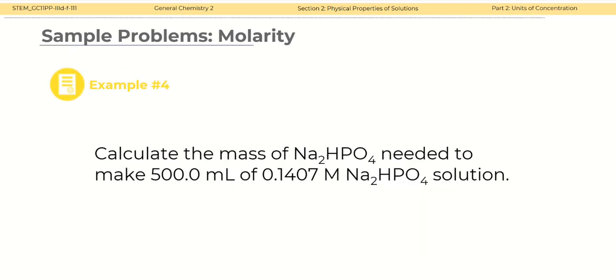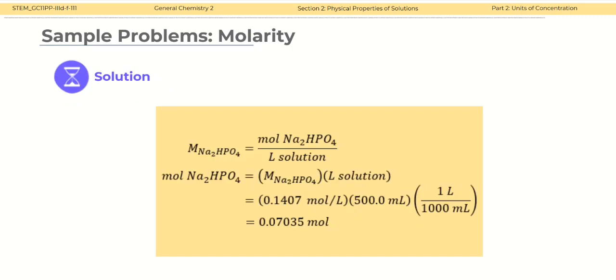Example number 4. Calculate the mass of sodium hydrogen phosphate needed to make 500.0 milliliters of 0.1407 molar sodium hydrogen phosphate solution. Solution. The molarity and volume of the solution are given and the amount in moles of the solute is missing.